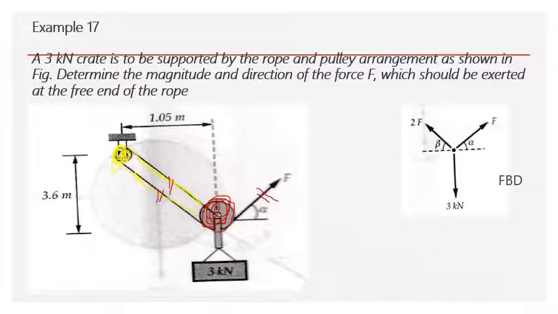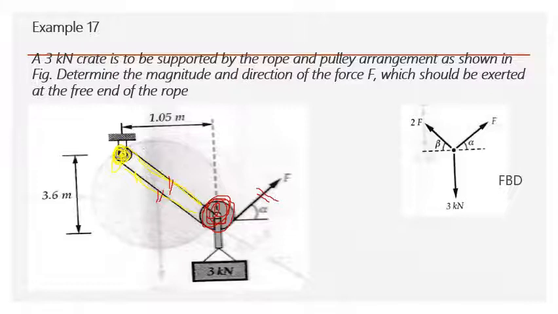So if we draw the line diagram or the free body diagram, these two are equal, so considered as one force, that is 2F. I just explained how we got 2F. These two are passing over the frictionless pulley, so tension on either side will be one and the same.